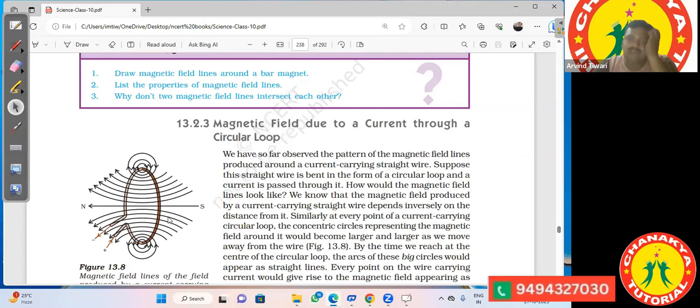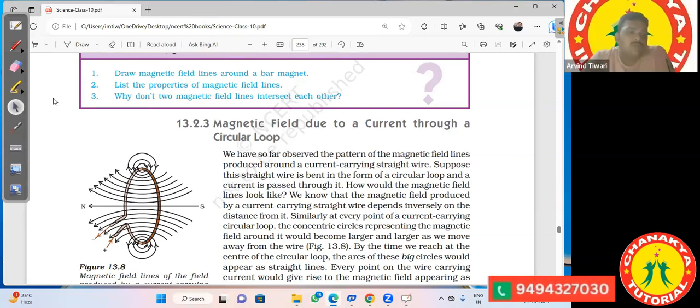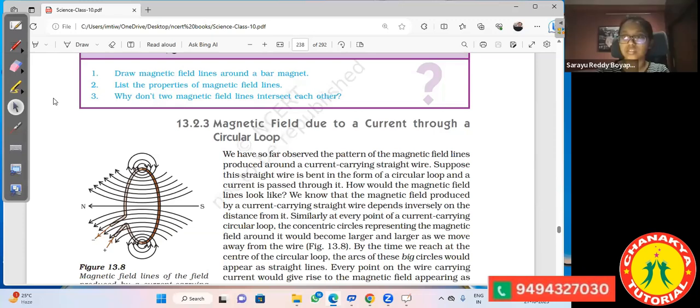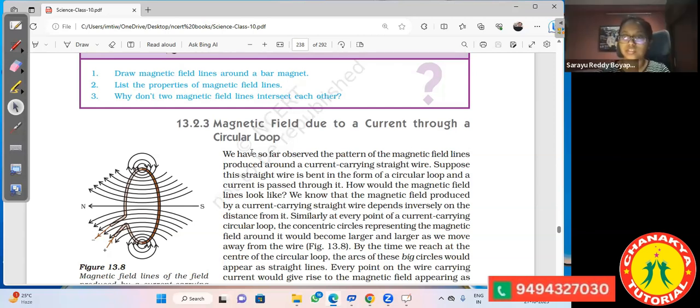I think we had discussed this in the last class. Saryu, why don't 2 magnetic field lines intersect each other? So because they are concentric.